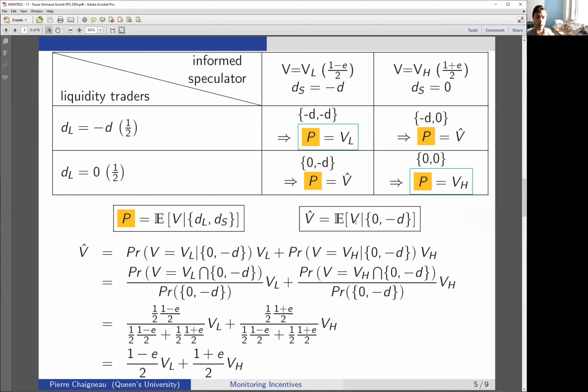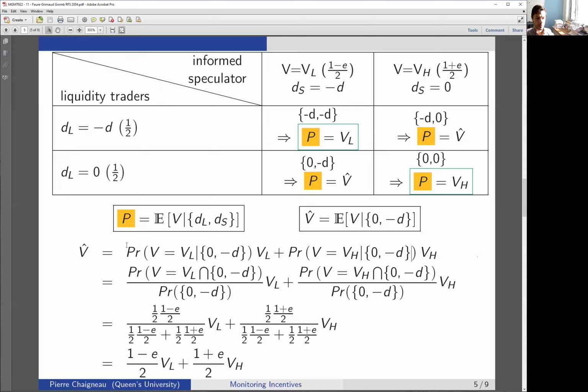So the expectation of V conditional on these orders is going to be equal to the probability that V is equal to VL conditional on these orders multiplied by firm value in this case, VL, plus the probability that V is equal to VH conditional on these orders multiplied by the firm value in this case, VH. So we use the formula for conditional probability.